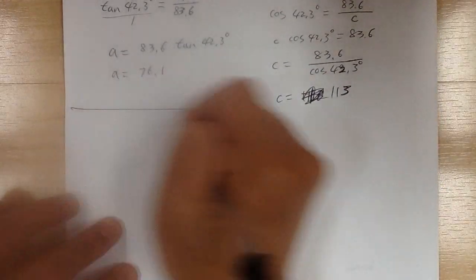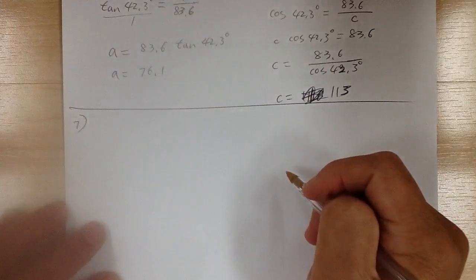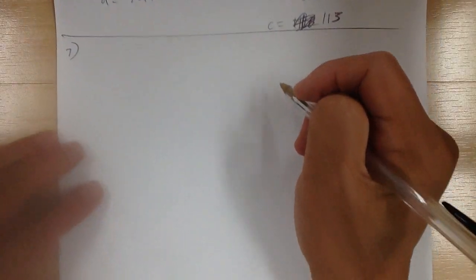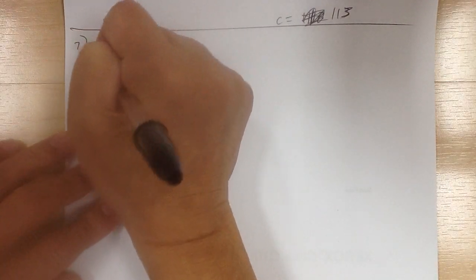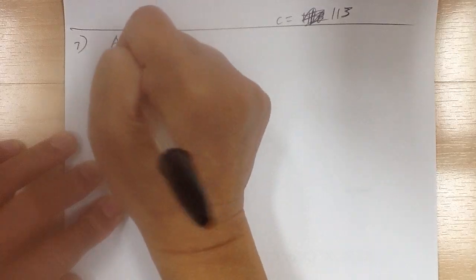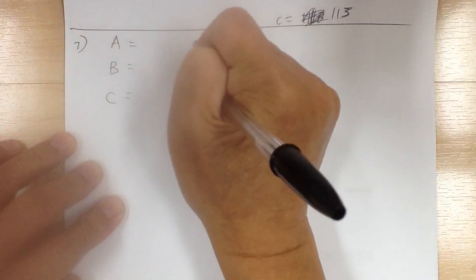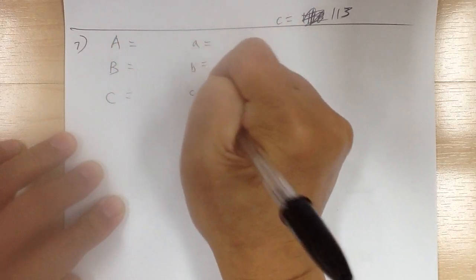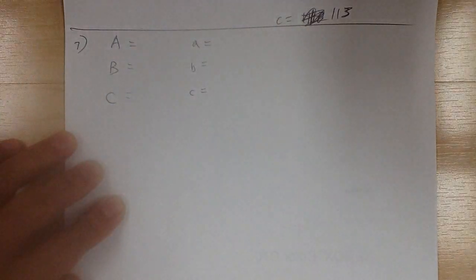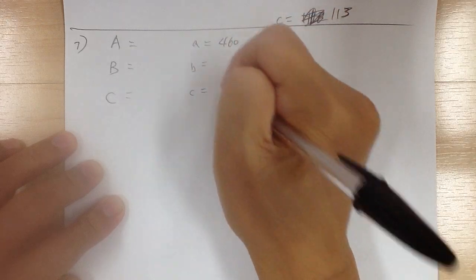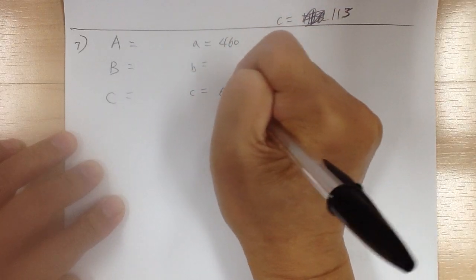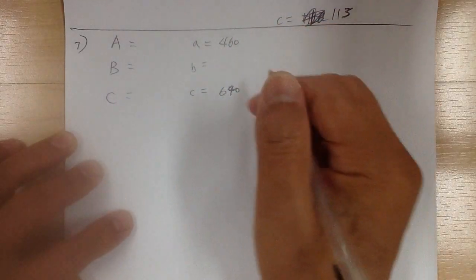Okay, let's go to 7. Okay, number 7. And A, B, C. Okay, the small a is 460, small c is 640.